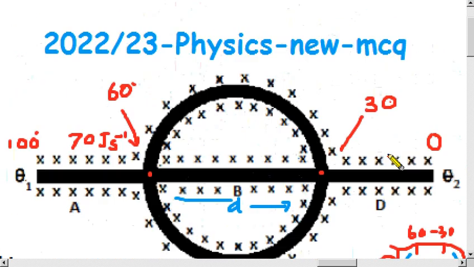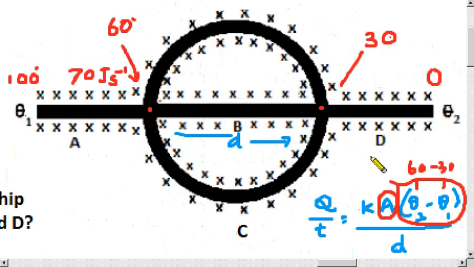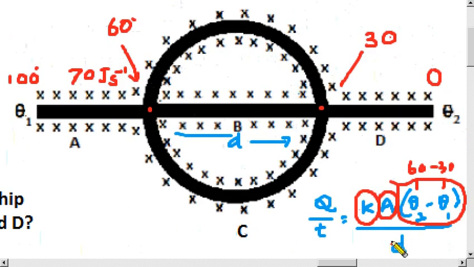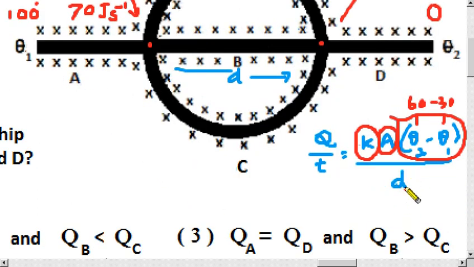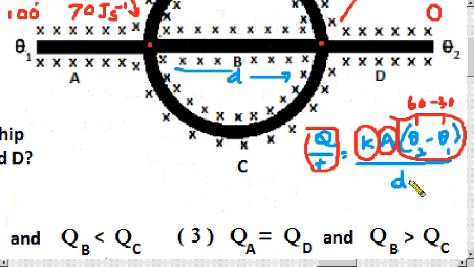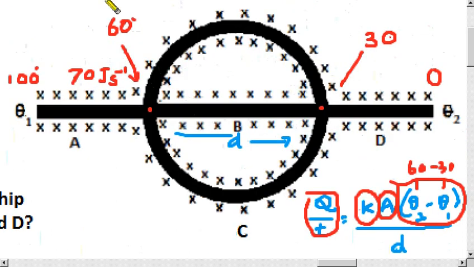It is mentioned in the question. And K, thermal conductivity, also is same. Only the distance is different. So it is inversely proportional. You see, it is at the denominator. So rate of heat flow is inversely proportional to the length D, or we can write L.